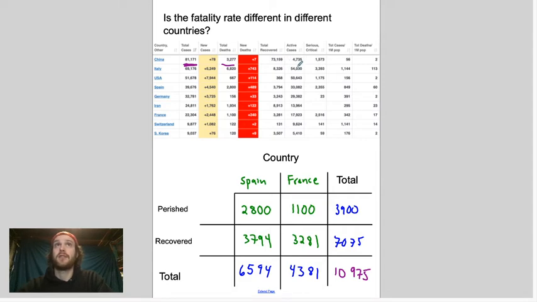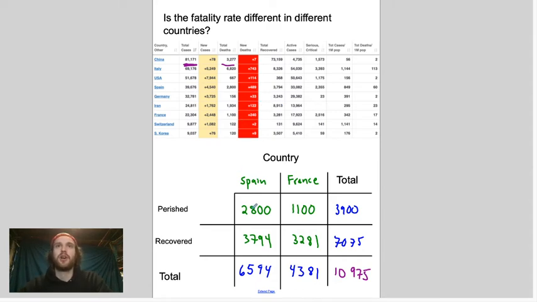I know that Spain and France are still in the throes of the virus, but they seem to have a similar number of people recovered, even though total cases is somewhat close, but not. Anyways, they look like the correct countries to compare.